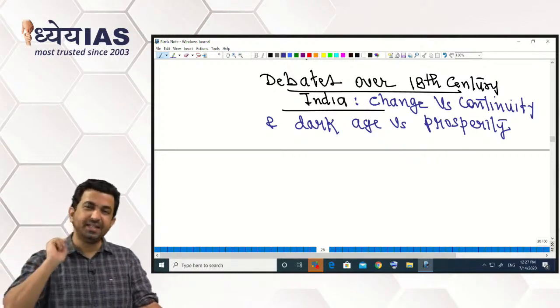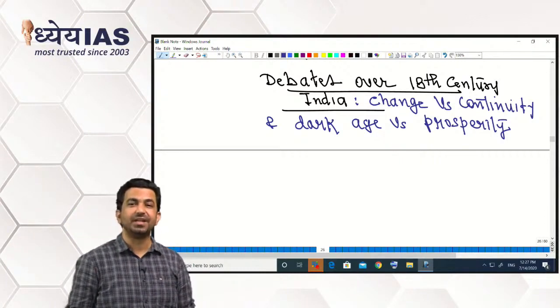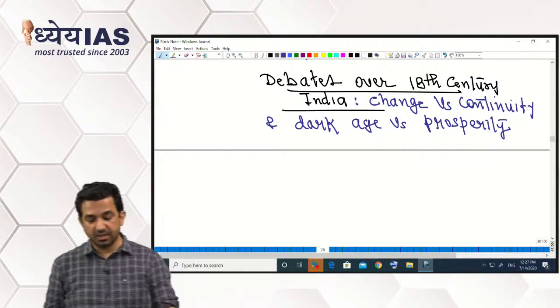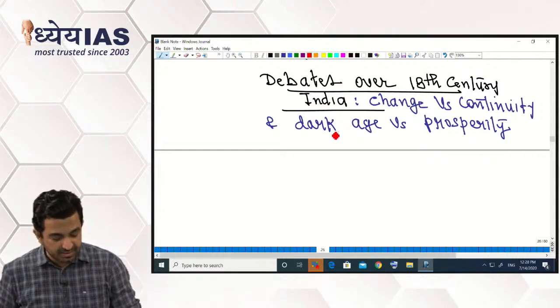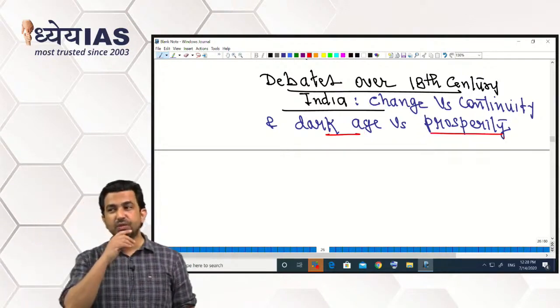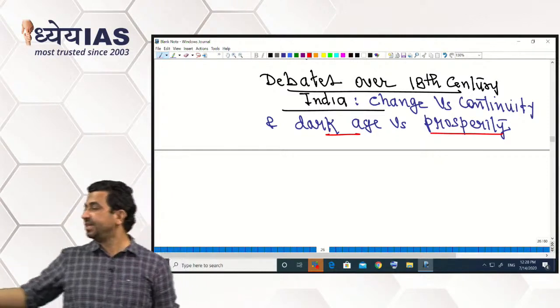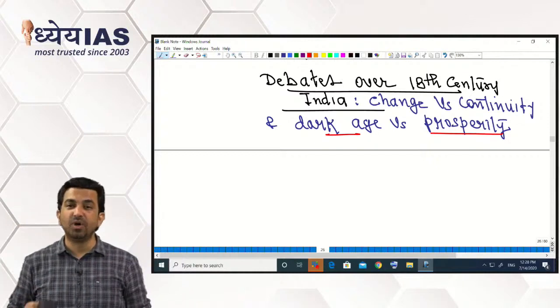The 18th century is a remarkable century because it witnessed continuity and change, and a dark age as well as prosperity. It also witnessed the downfall of the Mughal Empire.